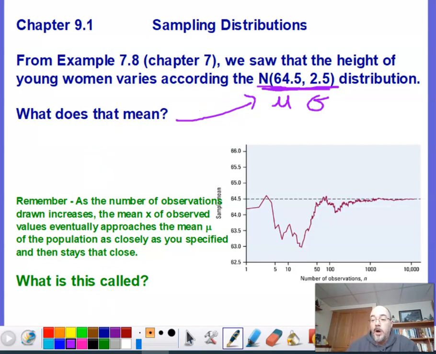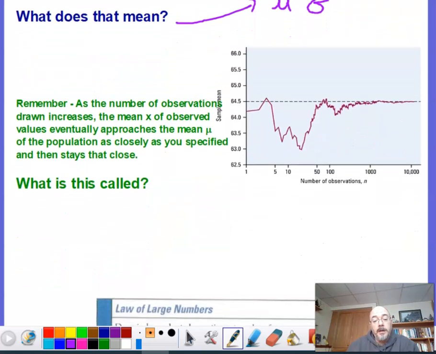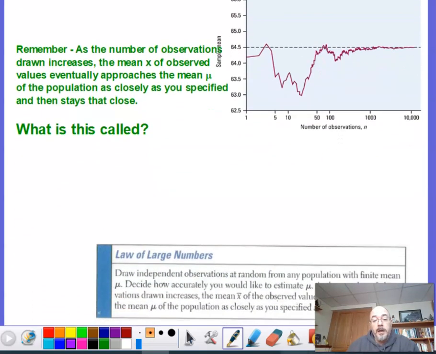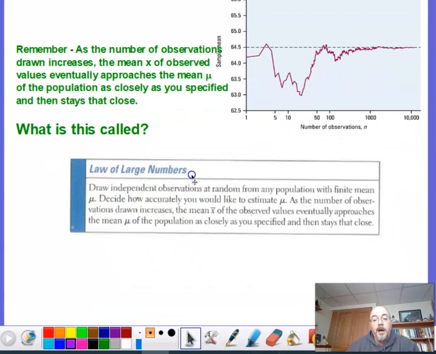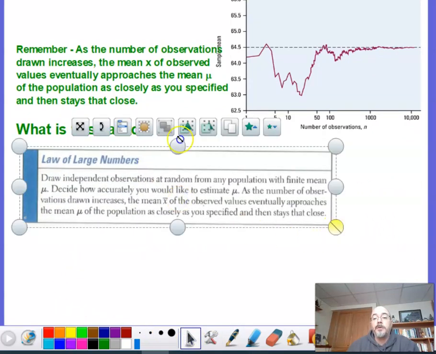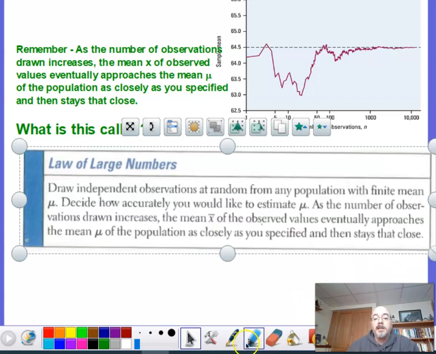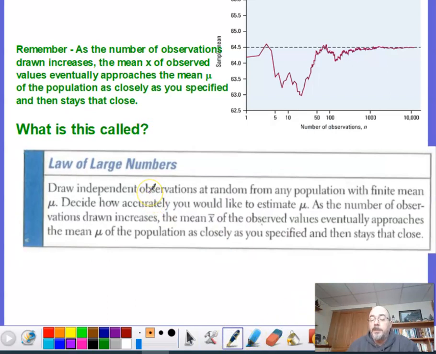Do you remember what that's called? Well, if you don't, here it is, folks. It is the law of large numbers. It says, draw independent observations at random from any population with finite mean mu.